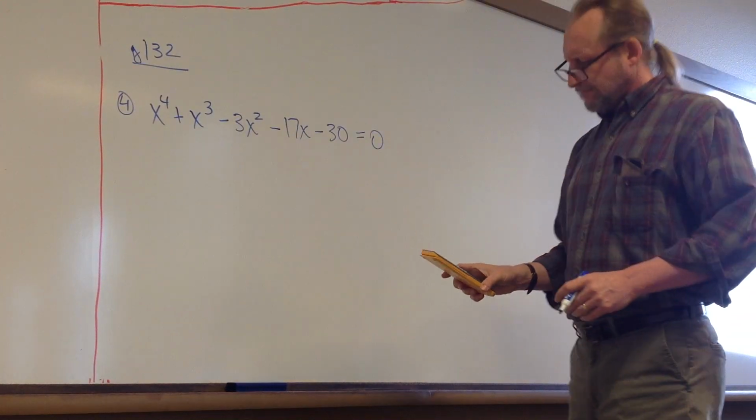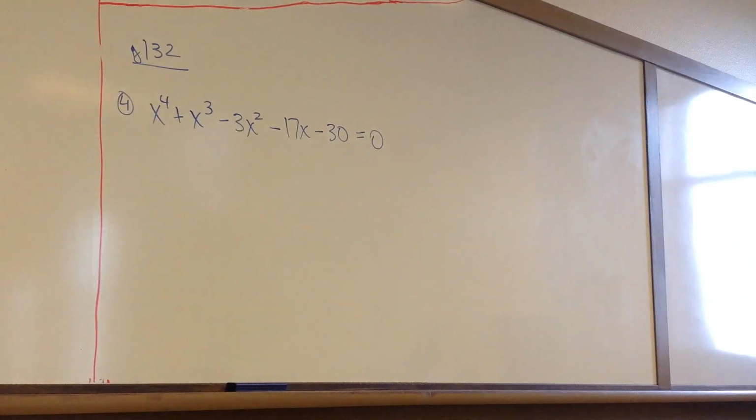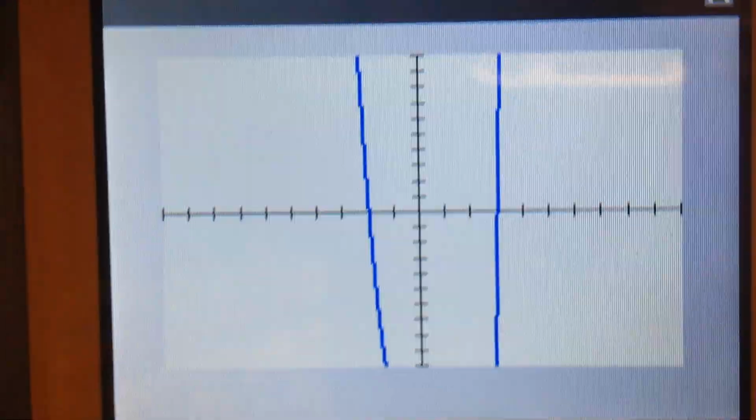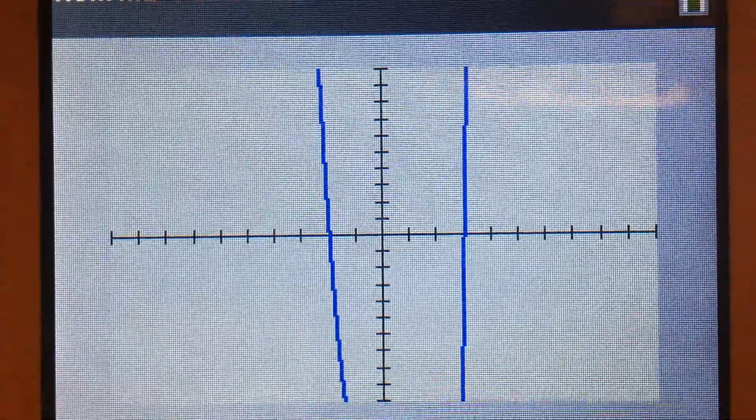And then I'll show you what the screen looks like for this polynomial. So there's the graph. It looks like we've got roots at positive 3 and negative 2.